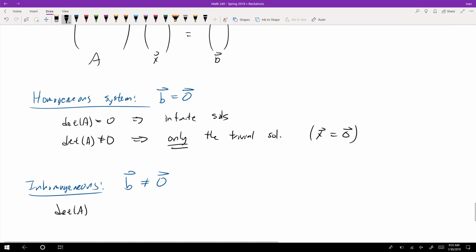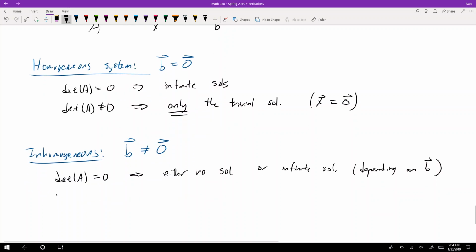If the determinant of A is 0, there's either no solution or there are infinite solutions, depending on B. So for an inhomogeneous system, determinant of A equals 0 doesn't really tell you much. However, if the determinant of A is non-zero, then there's one unique solution.